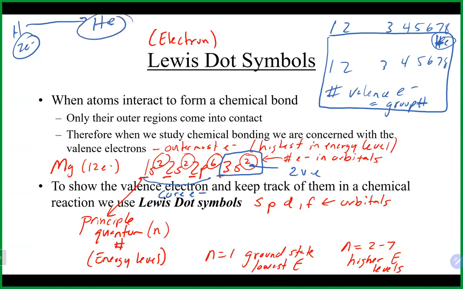So hydrogen should never, ever, ever have more than 2 electrons. People always want to put tons of electrons and bonds around it. So don't do that. It just needs 2 electrons total, no more than 2. Pretty much everybody else is going to shoot for 8 to be really happy. Any questions on that?